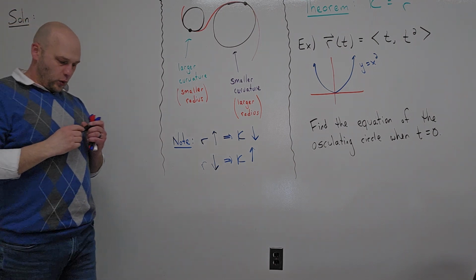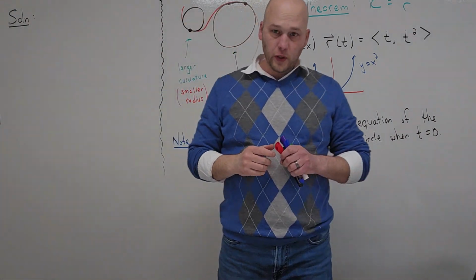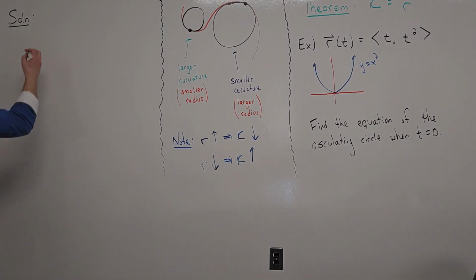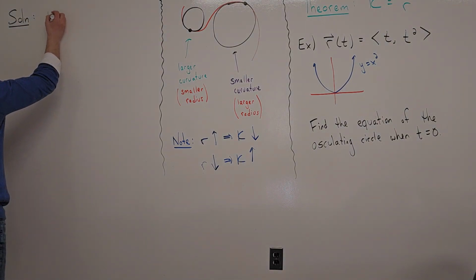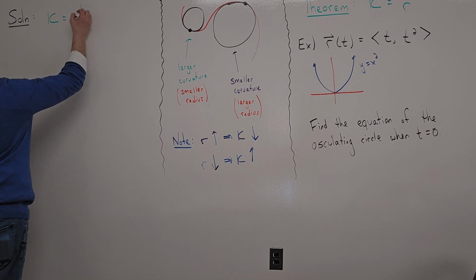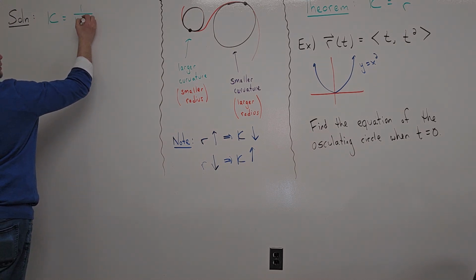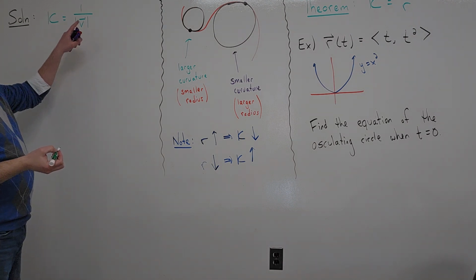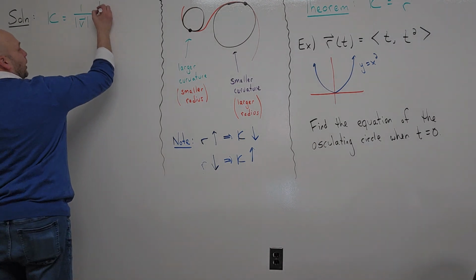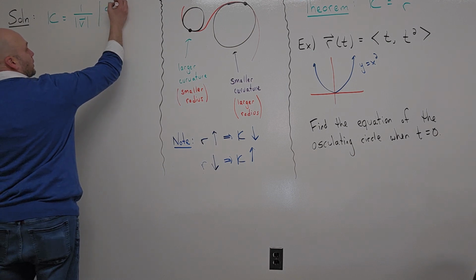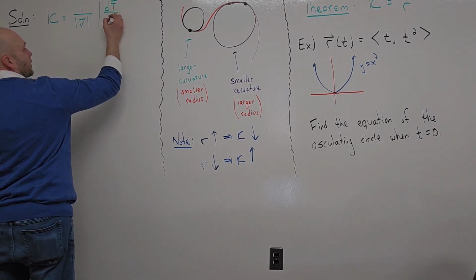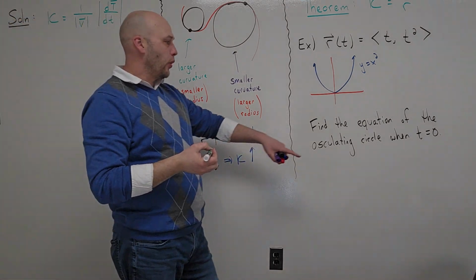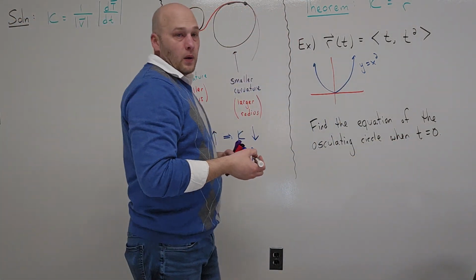Remember the formula for the curvature of a space curve is given by the reciprocal of the magnitude of v, where v is the derivative of r, multiplied by the magnitude of the derivative of the unit tangent vector. And then again, we'll evaluate that at the point when t is equal to 0.